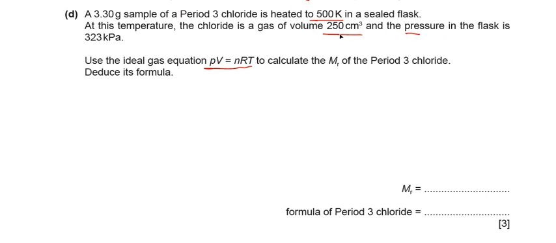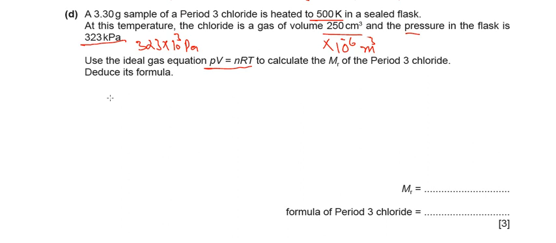We have to convert it into meter cube, as the SI unit for volume is meter cube. So we multiply this value by 10 raised to the power minus 6. Then we have 323 kilopascal, but we have to take the pressure in pascals, so it should be 323 times 10 raised to the power 3 pascal. So conversion is done already.